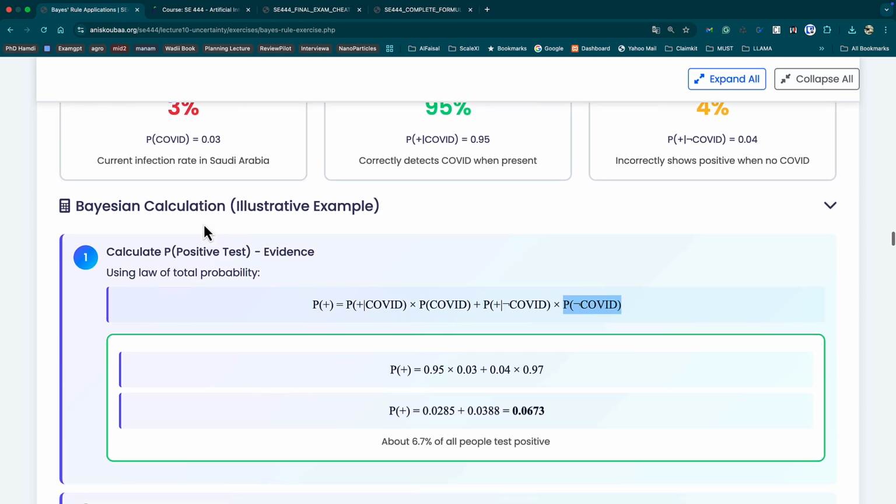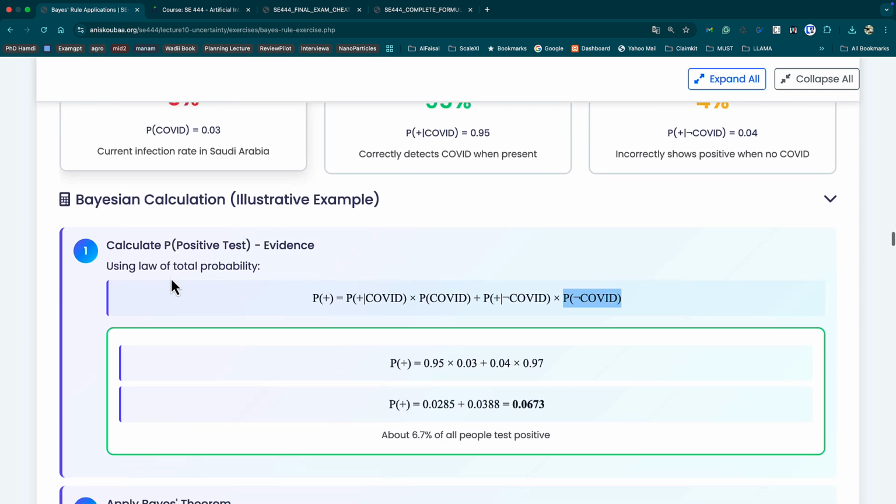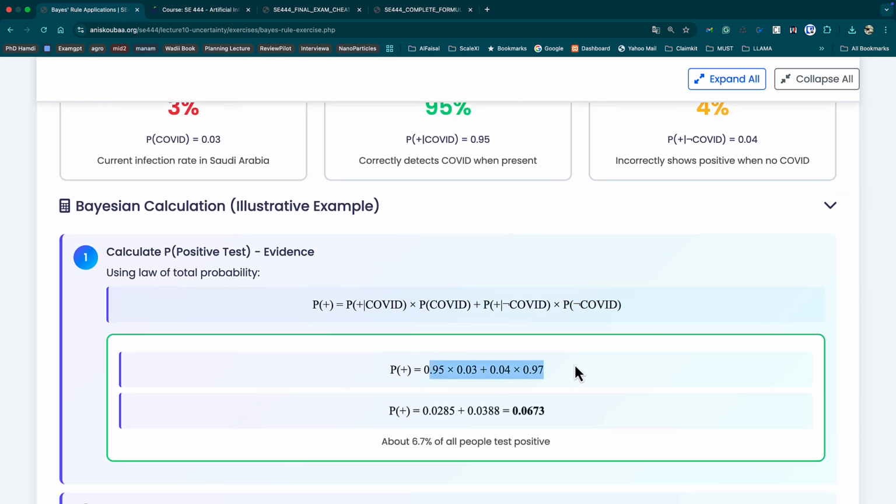How do you infer this one? You do 1 minus this one? If you have P(E), what is the probability of not E? It is 1 minus the probability of E. So the probability of not COVID is 1 minus the probability of COVID. And this gives the following calculations. We have all the values now. Right or not?